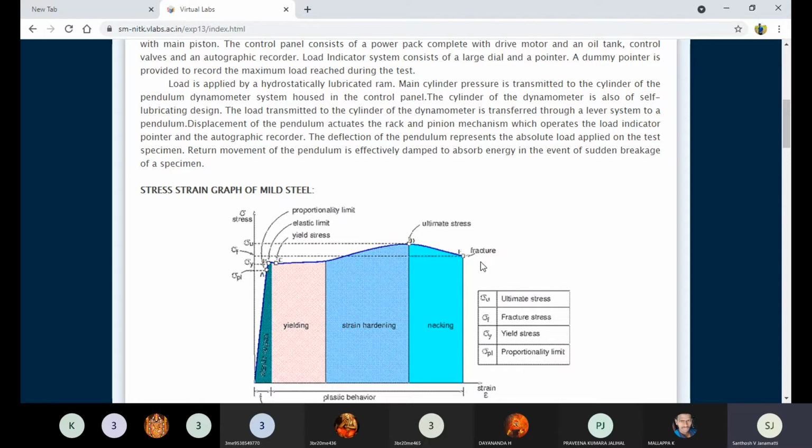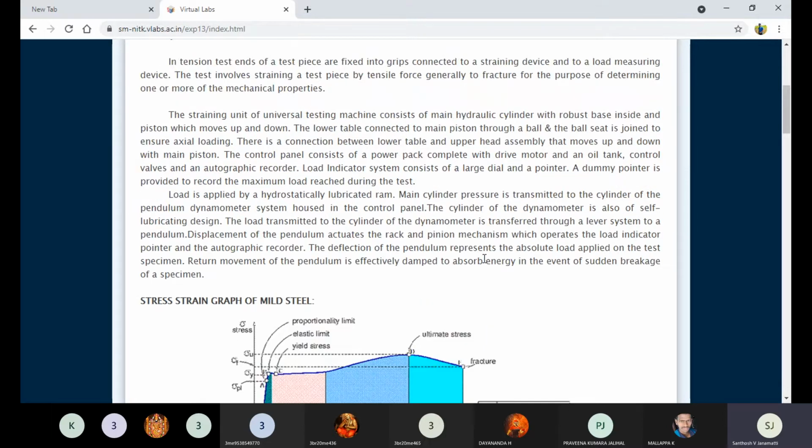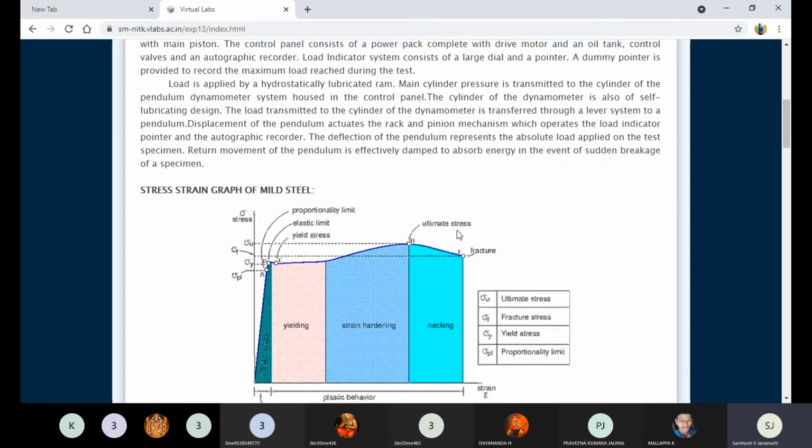But here we need to determine the deformation ability of the material. A good tensile strength means how much deformation this material will take without fracture. Definitely, the tensile properties depend upon the deformations.